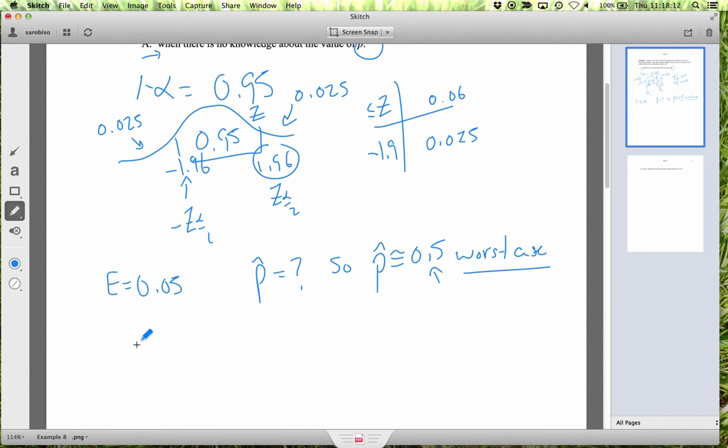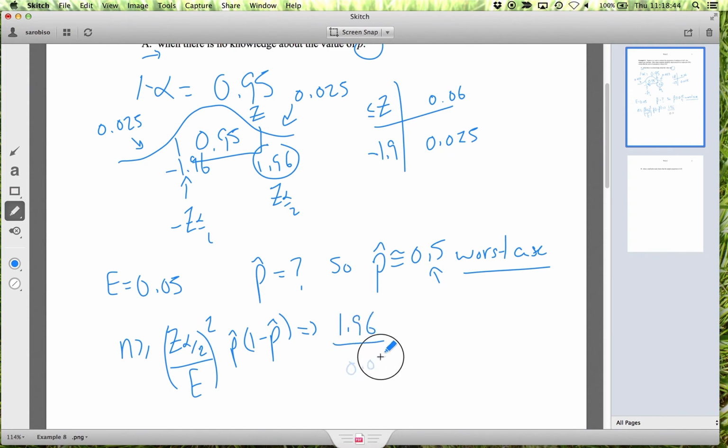Okay, finally, we can go ahead and find out the sample size. Remember that the sample size for a proportion should be at least as big as your Z alpha over 2 value divided by your error. You square this ratio, then you multiply by p hat and 1 minus p hat. So in this situation, our Z alpha over 2 value was 1.96.